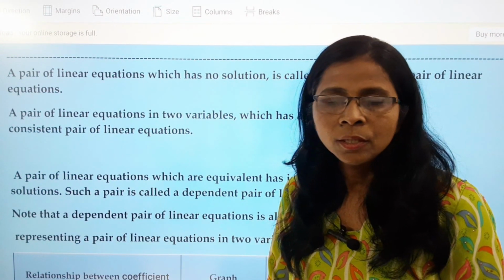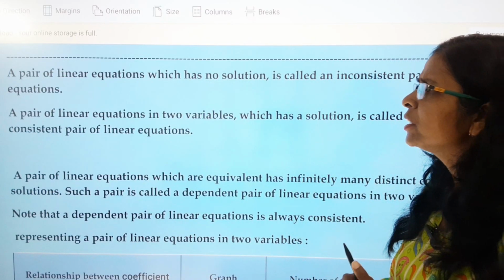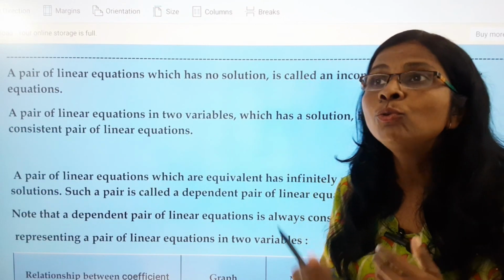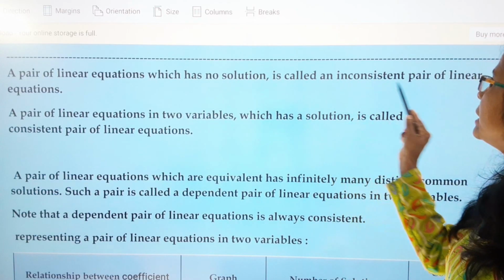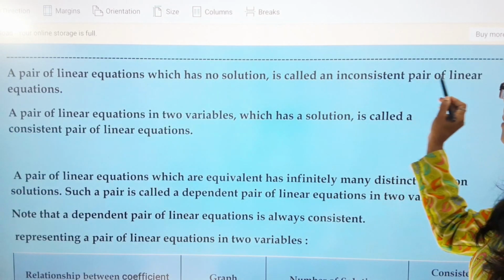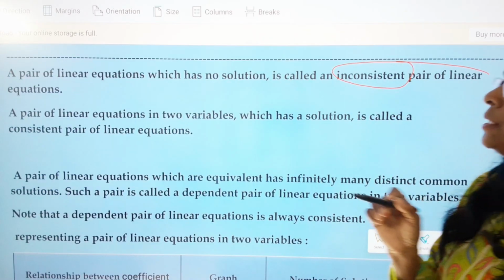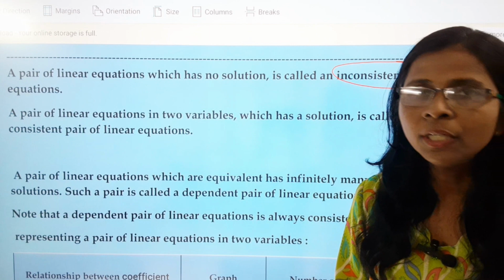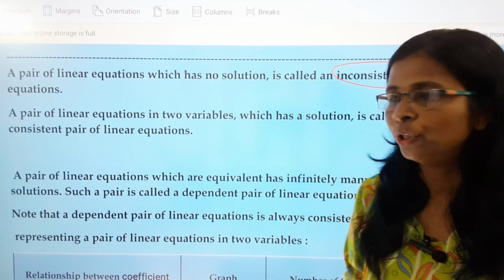Sometimes a pair of linear equations does not have a solution. That means it is called an inconsistent pair of linear equations. If it has no solution, the equations are inconsistent.